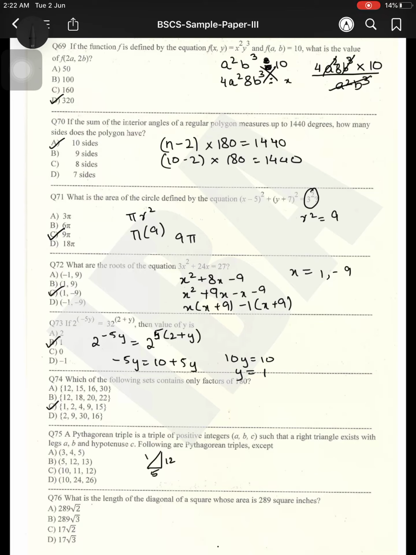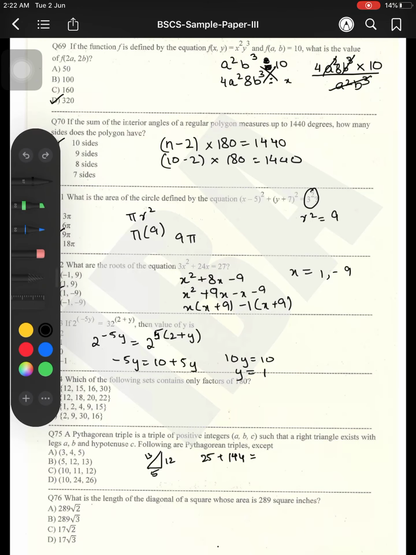So it's gonna be B because you can make a triangle and see, place 5 like this, 12 like this, 13 like this. You can clearly see 25 plus 144 will not give you one.